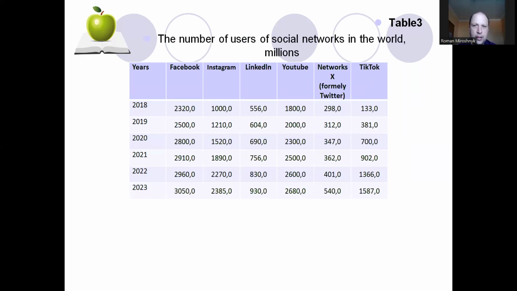In table 3, you can see the most popular social network in the world remains Facebook with 3,050 million users in the world, while in 2018 the number of users of this network was only 2,320 million. All companies, government institutes, charities, and famous celebrities have a page on this social network.